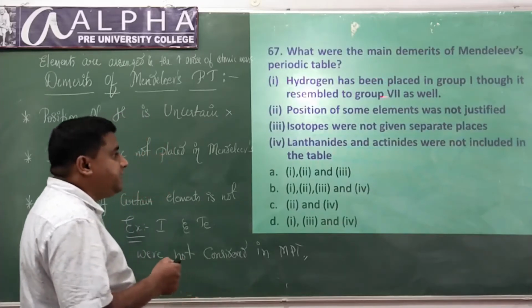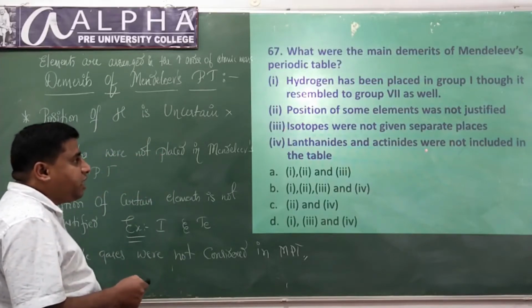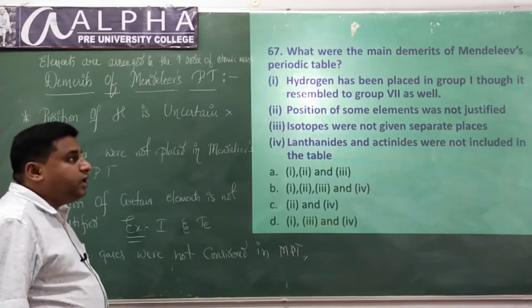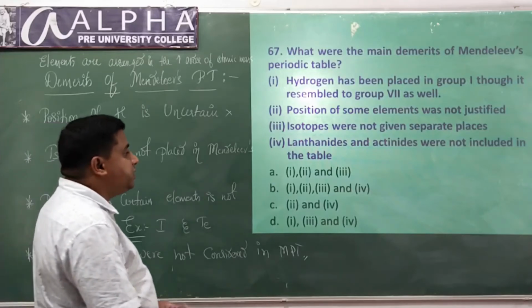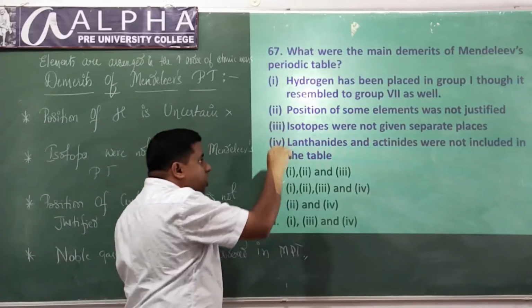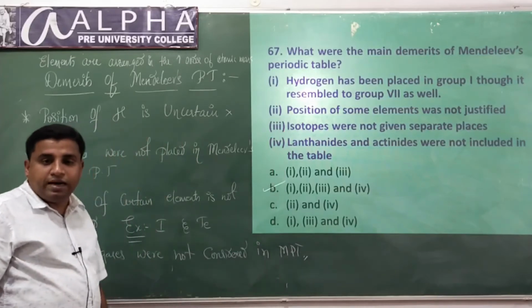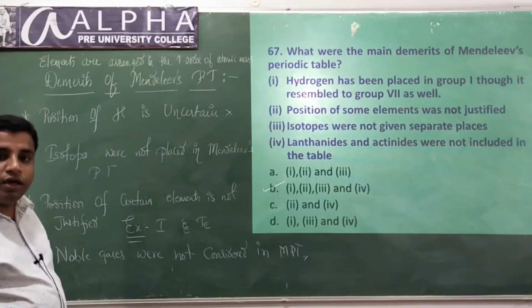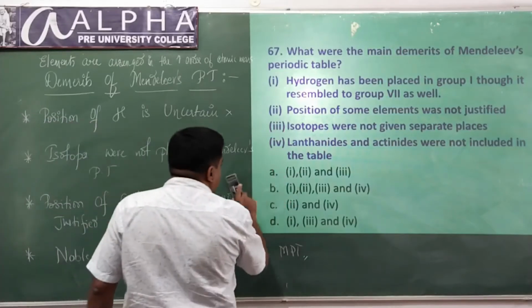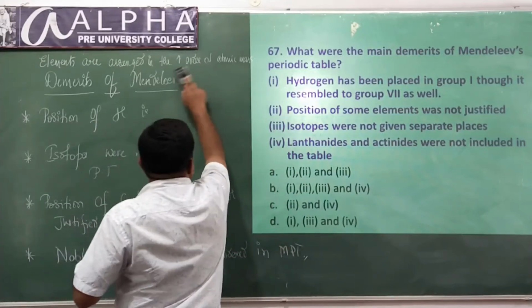So the first one is a demerit, the second is a demerit, the third is a demerit, the fourth is also a demerit of Mendeleev's periodic table. So what is the correct answer? It is option B. All are the demerits of Mendeleev's periodic table. Hope you have understood. Now let us go with the next question.